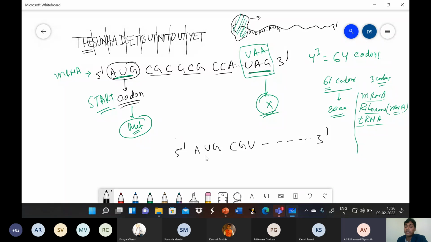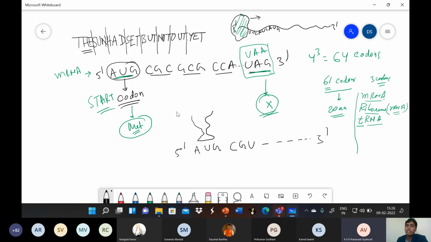Now, this is the mRNA sequence. The tRNA, or transfer RNA, is also an RNA molecule, but a little bit shorter. It looks like, say for example, something like that.